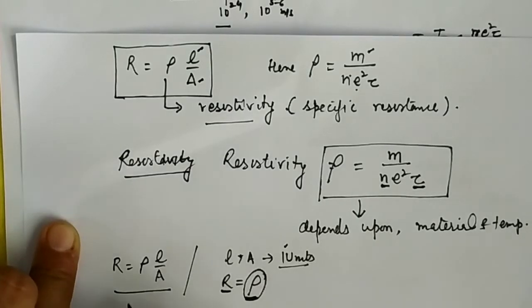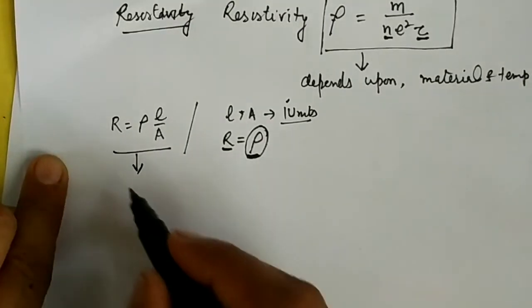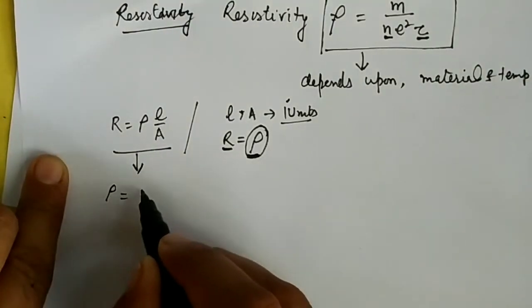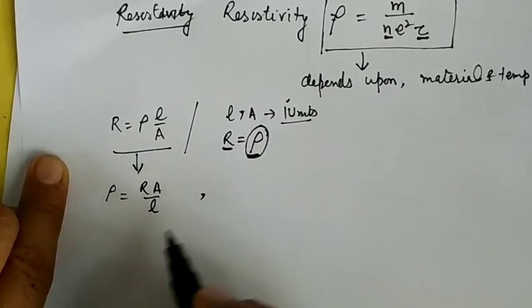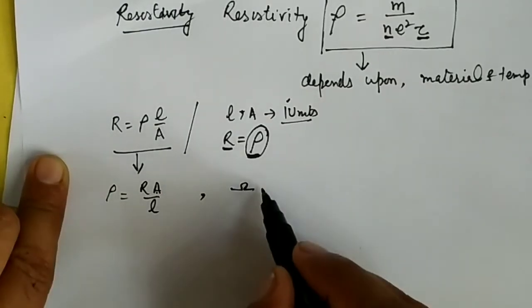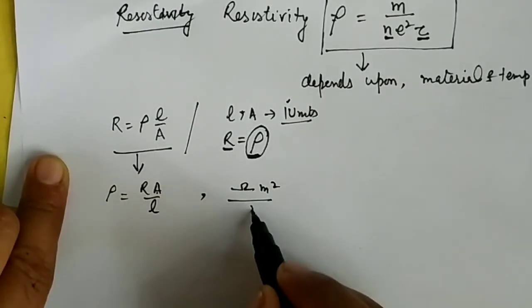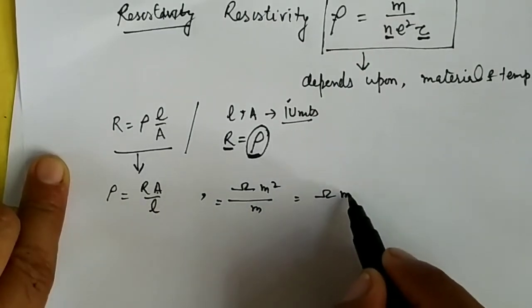If you want to write the units of resistivity, you can do it from this relationship. Resistivity is equal to R A divided by L. Resistance is measured in ohm, area in meter square, and length in meter. So what you get is ohm meter.